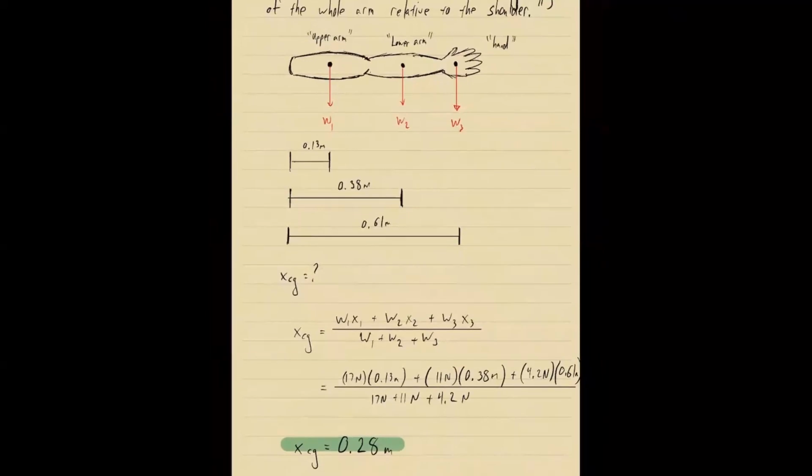So if this is 0.13 meters and this is 0.38 meters, then it looks like the center of gravity for our arm is going to be somewhere about here-ish, maybe. This is our center of gravity for this arm. So that's that whole problem.